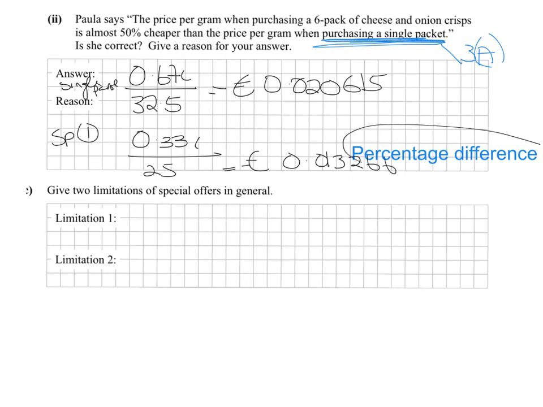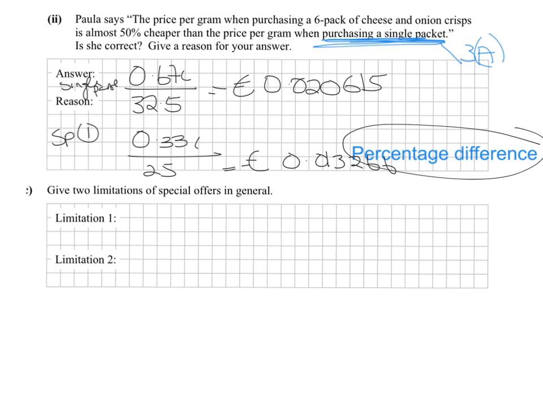To find the percentage difference, you're going to subtract those, put it over the original amount, which in this case we're saying is the single packet, and multiply it by 100 over 1.